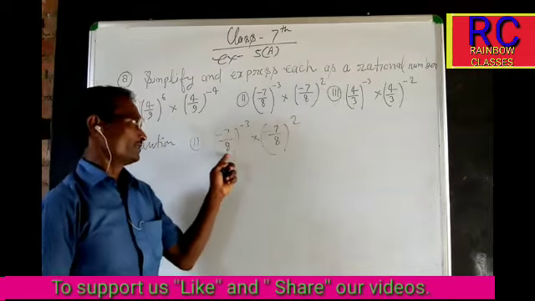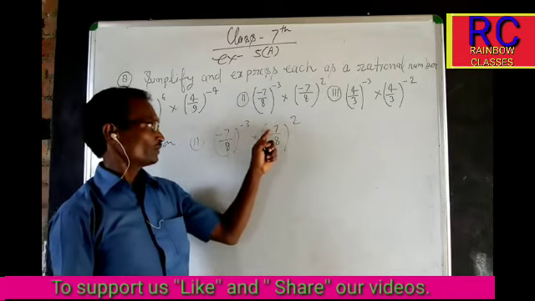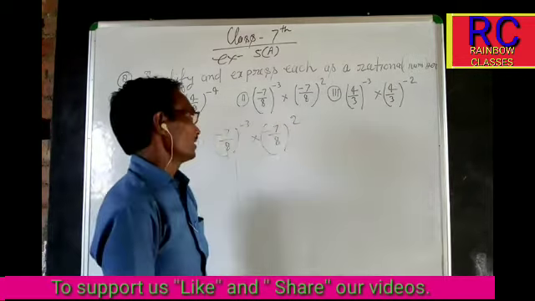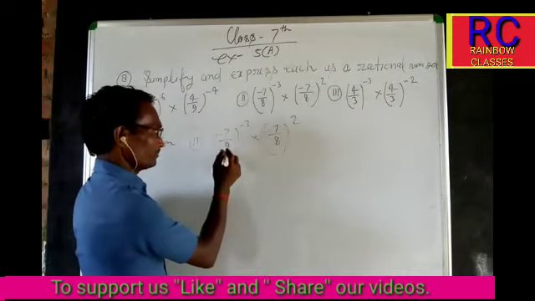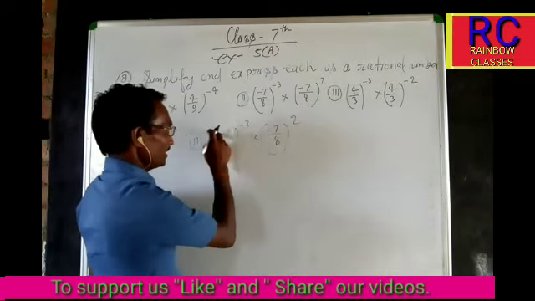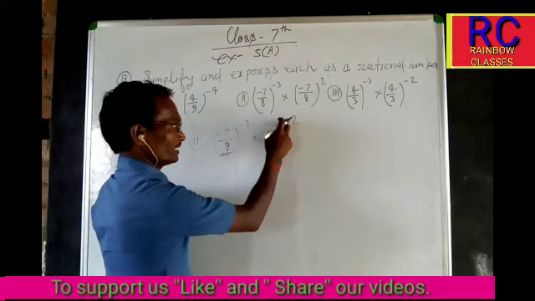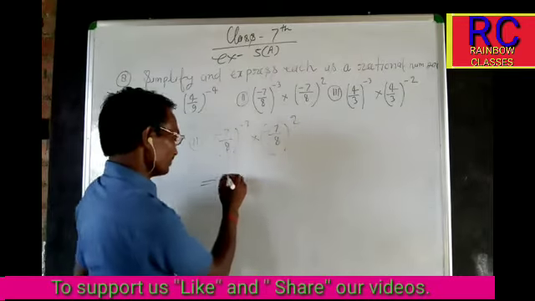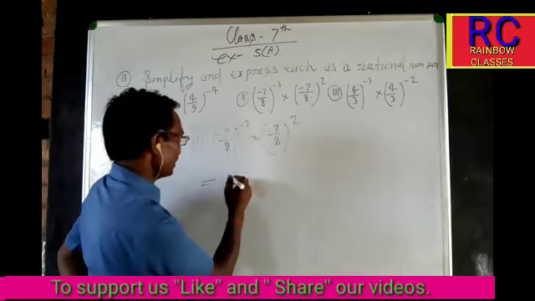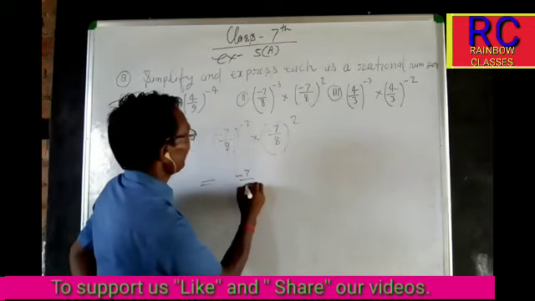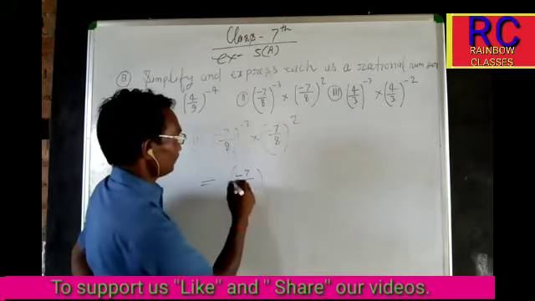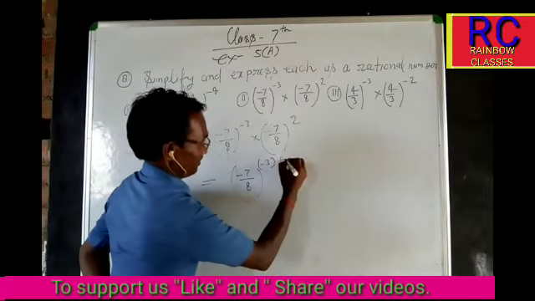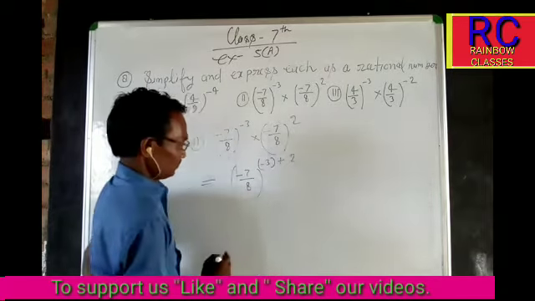We find the base minus 7 by 8 and minus 7 by 8 are equal, so we write minus 7 by 8 to the power minus 3 plus 2.